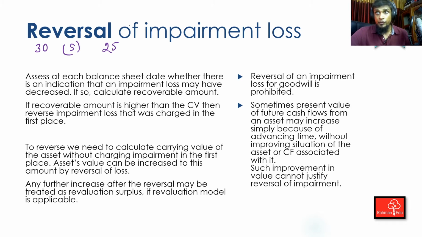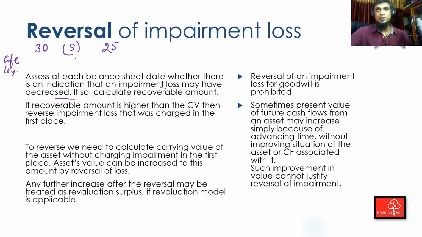Every single year we need to review whether there is an indication that the impairment loss may have decreased or not, whether the asset increased in value or not. In that case, we need to calculate recoverable amount, and if necessary, we will reverse impairment loss. If recoverable amount is higher than the carrying value, then reverse the impairment loss that was charged in the first place. Let's assume last year the asset has life of 10 years.